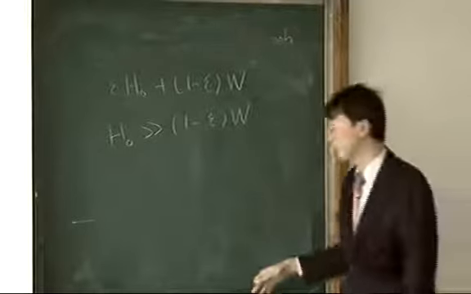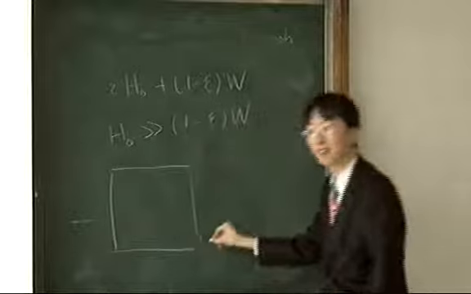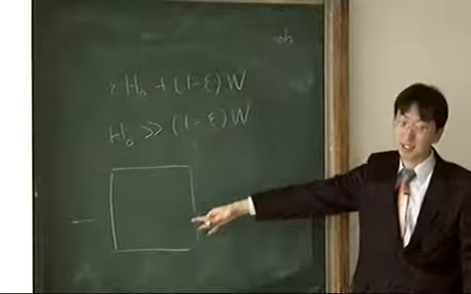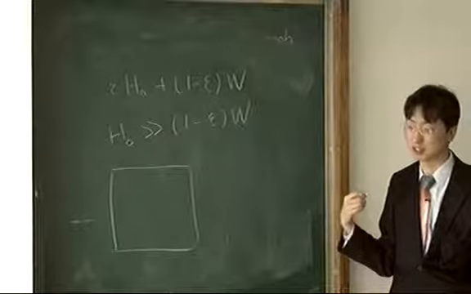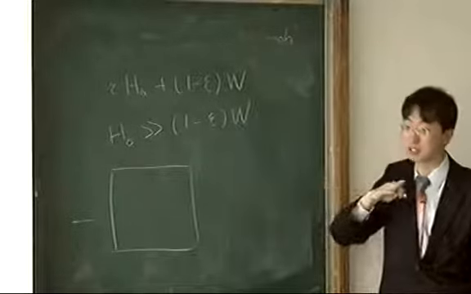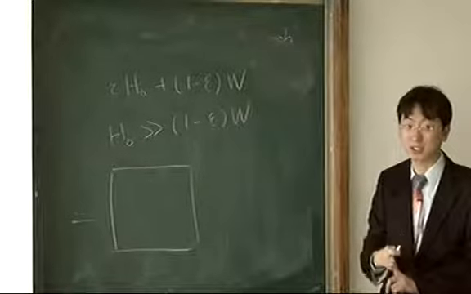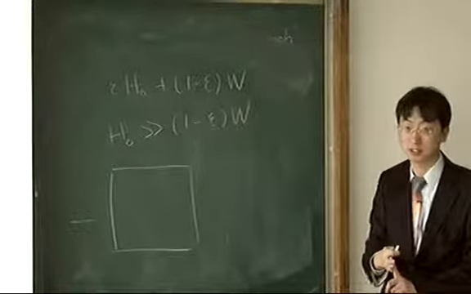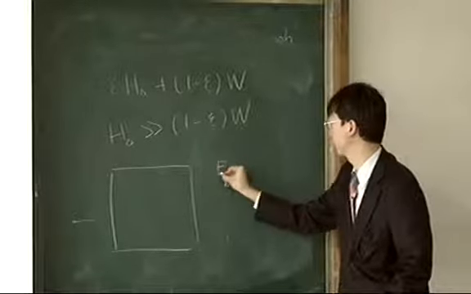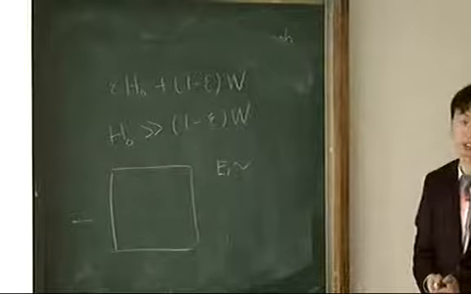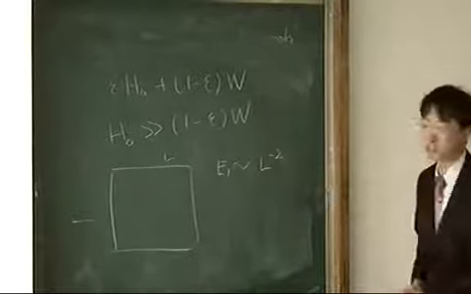But then the problem is that we have a box, which is very large. If you have this box and the Laplacian, then the ground state energy for this system is just 0, when the wave function is constant. And the first excited energy, or the second lowest eigenvalue, is proportional to 1 over L squared.